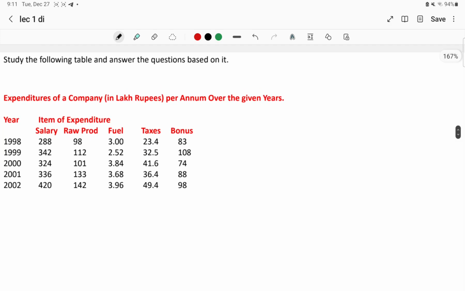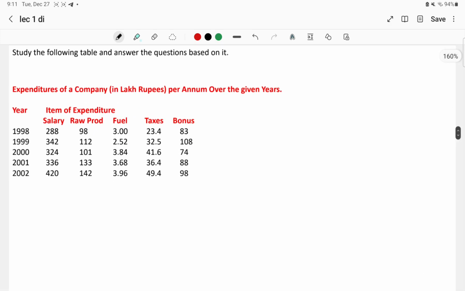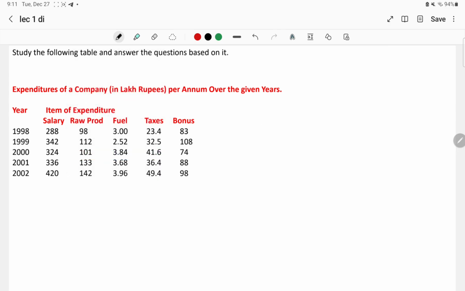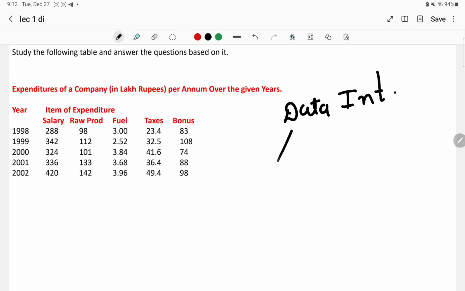So in today's lecture we'll be discussing the very first question of today's lecture named data interpretation. Whenever you come across questions regarding DI, data interpretation, the question can be asked in various forms, various figures, various charts.